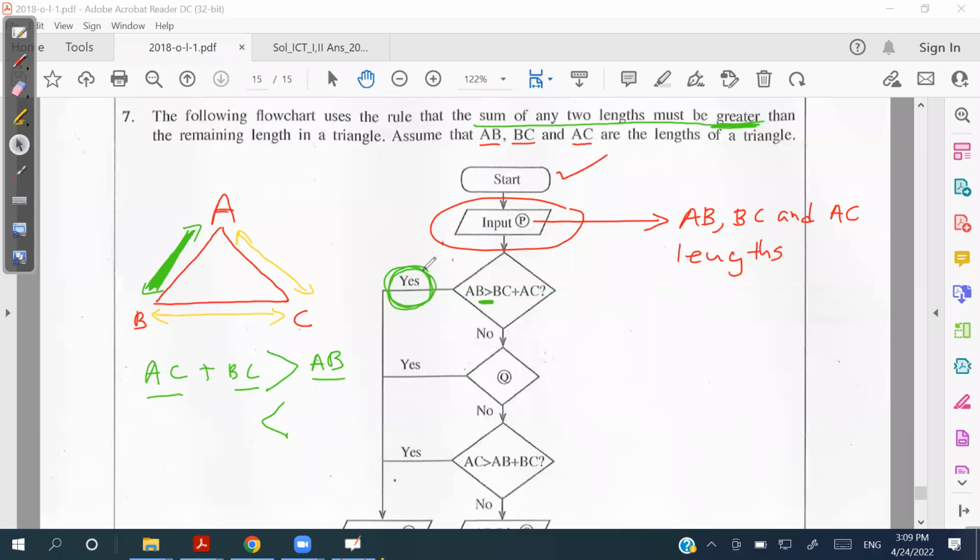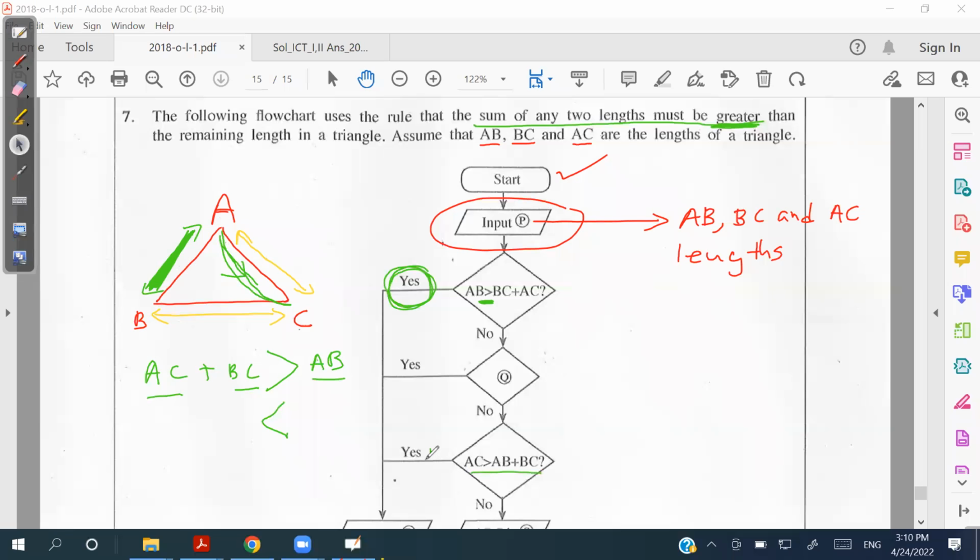And it's not sufficient to check in this manner only. They have checked another condition by checking the length AC, which means this. It is being checked whether it is larger than the rest of the lengths, which are AB and BC.